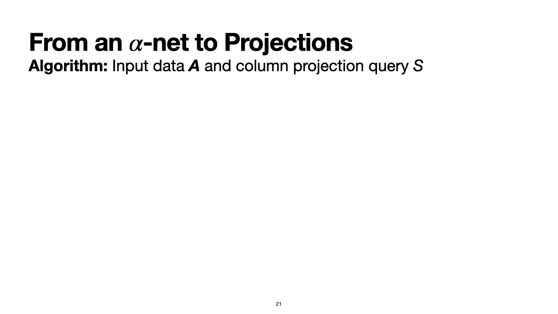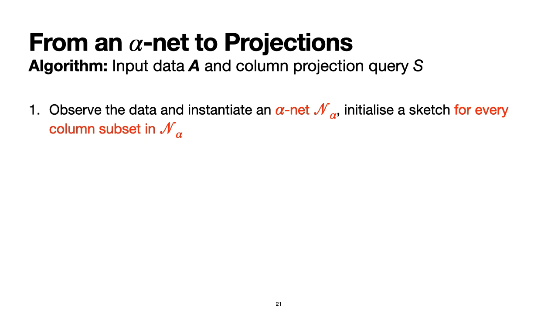How do we use an AlphaNet in the algorithm? Well, suppose that we're given input data A and a column projection query S. Remember that the column projection S is not revealed when I observe the data, it's revealed afterwards. So first of all, we observe the data and instantiate a net N. In the net, we will initialize a sketch for every column subset.